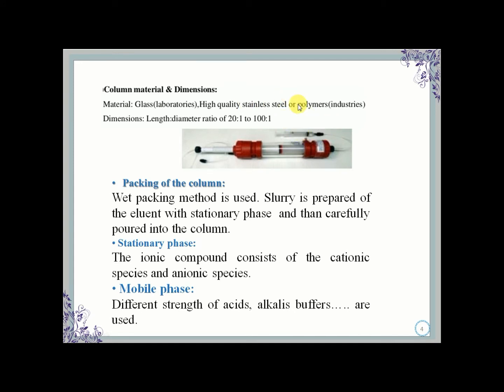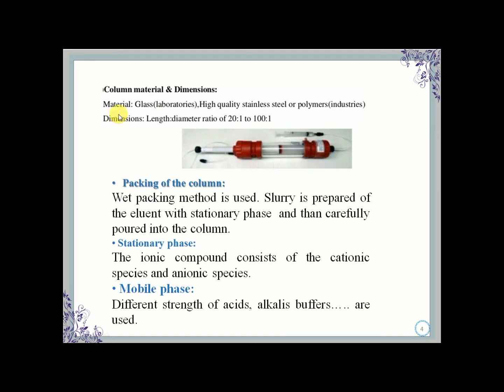Now we can move further to the packing of the column. Before I start with the packing of the column, I want to tell you there are pre-packed columns also available. Most of the time, a pre-packed column is used for the best performance and the reproducibility of the result.